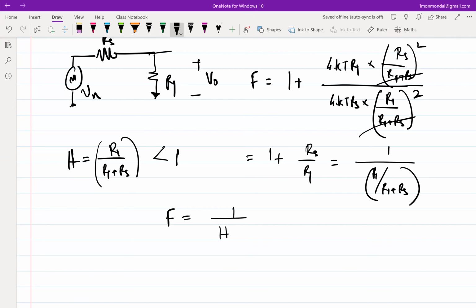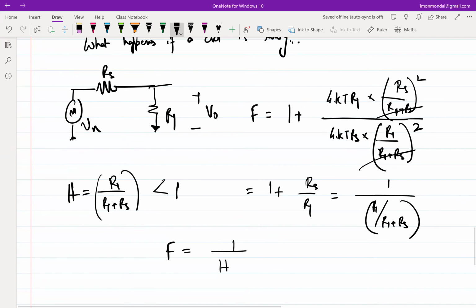If H is less than 1, noise factor is more than 1, definitely. So you can extrapolate this and show that if you have a lossy circuit, the noise figure is actually equal to the loss of the network. Right? So in a lossy circuit, noise figure is equal to loss.